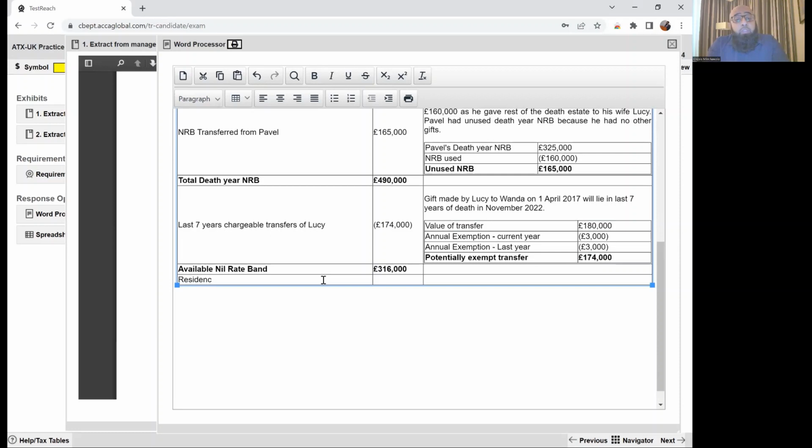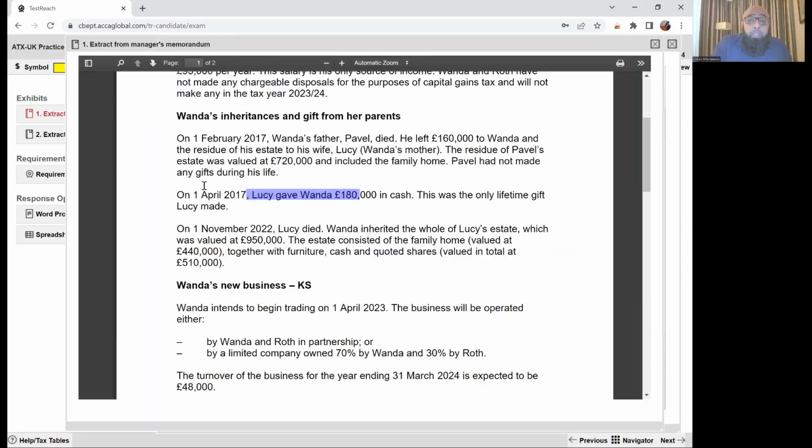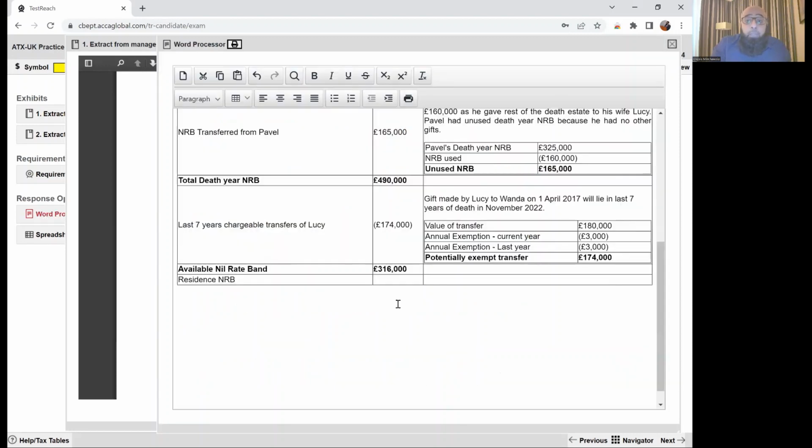Then there is the issue of residence NRB also. Because if you read the question, the estate consisted of a family home valued at 440,000. So residence NRB is also involved.